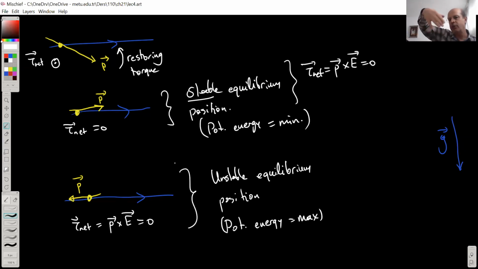And just like the pendulum tends to become oriented perfectly in the downward position, after some time you are going to find most of these molecular dipoles oriented parallel to the electric field, right?